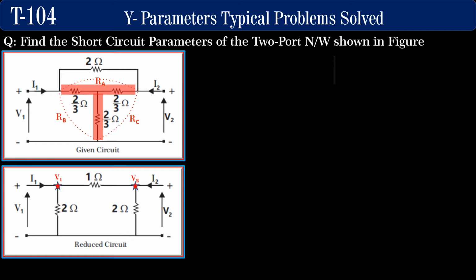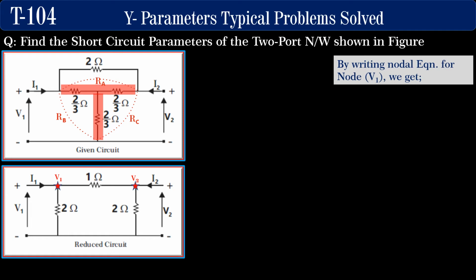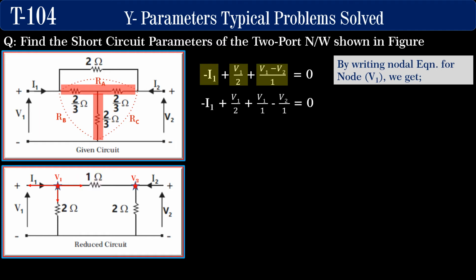Now, by writing the nodal equation for node V1, we get minus I1 plus V1 by 2 plus (V1 minus V2) by 1 is equal to 0. By solving this, we get minus I1 plus V1 by 2 plus V1 by 1 minus V2 by 1 is equal to 0.